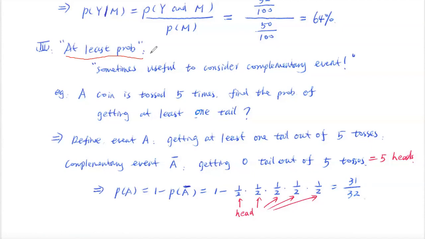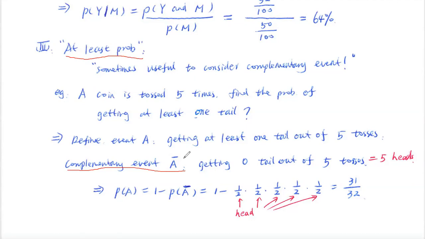This is a very common question that you see in stats, right? Whenever you see in a question, they're asking something, something at least, blah, blah, blah, right? Remember, we should consider the complementary event approach. Usually that's easier. Okay, why is that?